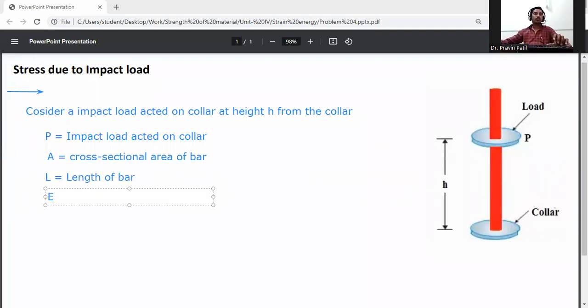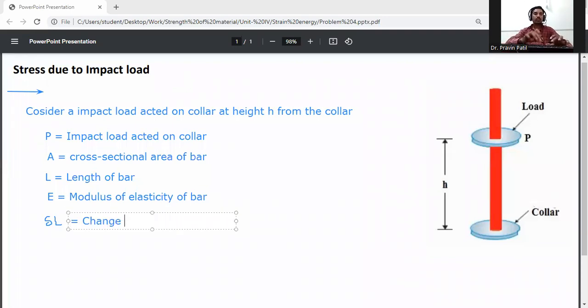E is the modulus of elasticity of bar, and delta L is the change in length due to impact load, the change in deformation.